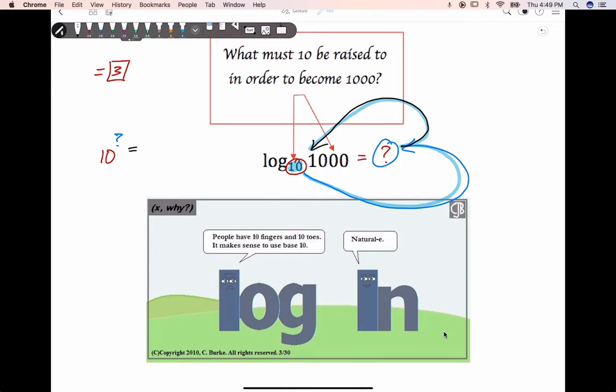That's the reverse heart method, like a roadmap. This number here is called the argument. This is the base, and this is just the number that it's equivalent to.